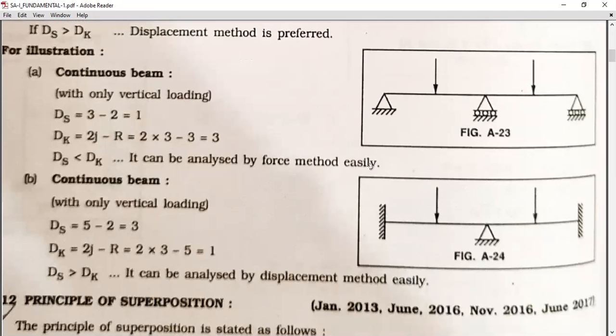To find ds, it is equal to 5 minus 2, which is equal to 3. dk is equal to 2j minus r, where j, the joints, is equal to 3, and r is equal to 5. We have ds greater than dk, so it can be analyzed easily by the displacement method.